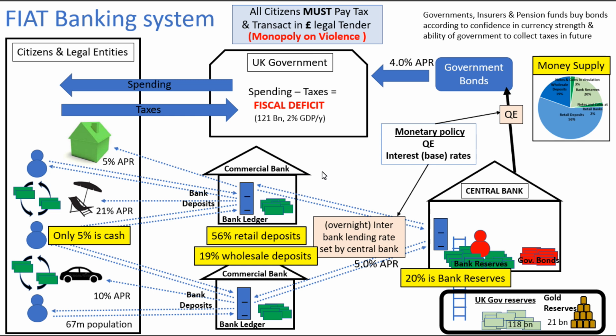This fiat money has no tangible value, but everyone within a country is forced to use it and is forced to pay taxes because the government has a monopoly on violence. But because people have confidence that the government's always going to be able to enforce this legal tender and is always going to be able to force people to pay taxes, the legal tender maintains its value.